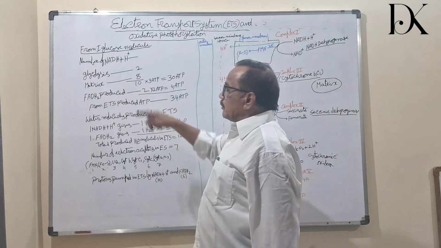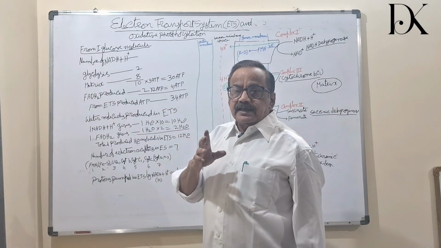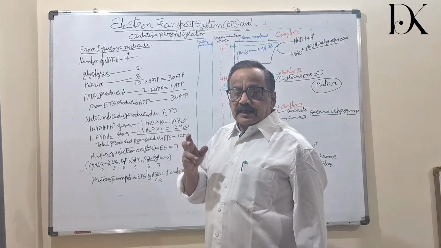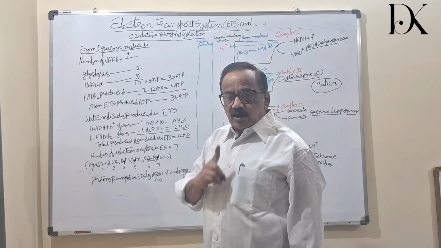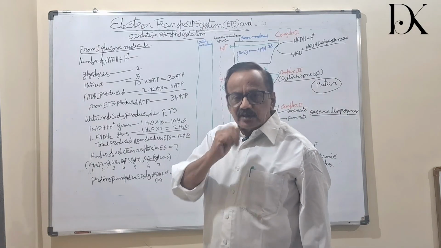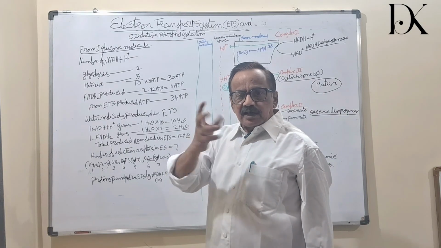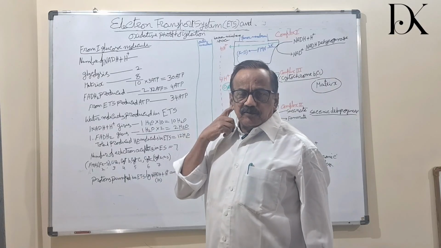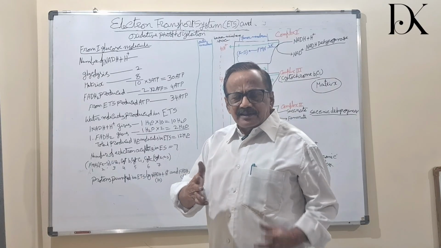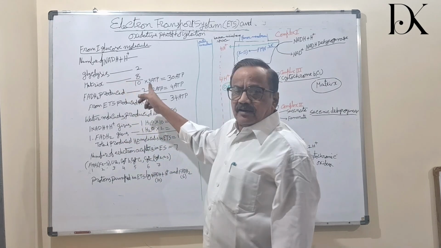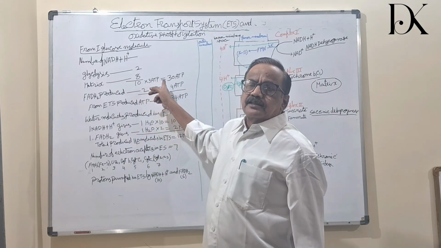So what is the total number of NADH produced in the aerobic respiration of one glucose molecule? This is a question. How many will come from the link reaction, how many from the Krebs cycle from one glucose or one pyruvic acid? He can ask in different ways. The entire answer will come if you know this concept.